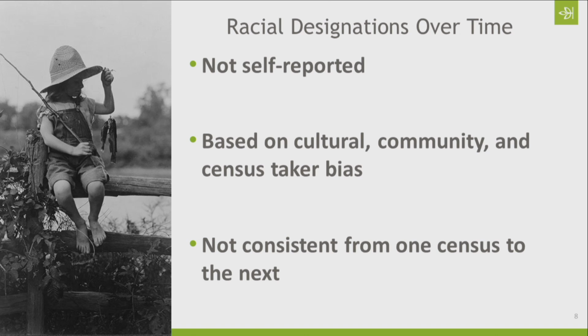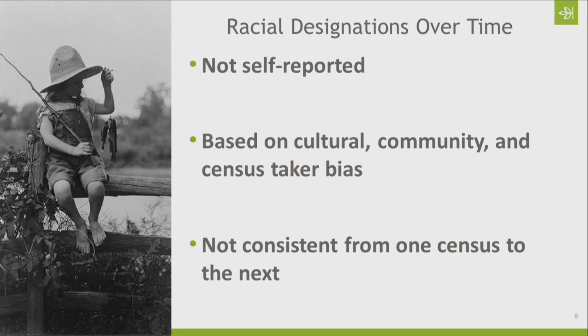That means that a lot of this information we're seeing in this racial column on the census is based on cultural and community and census taker bias. It's not always going to be accurate based on your perception of your ancestors or even their self-perception of themselves. It also means that it's not going to be consistent from one census to the next.